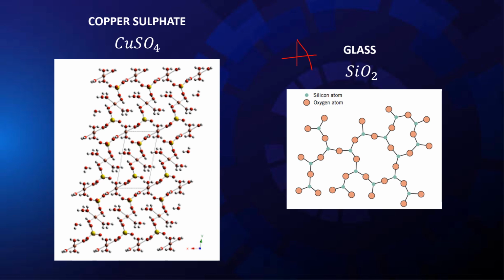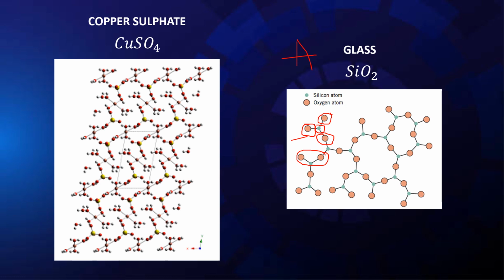As you can see in this structure, this is silicon, and this is an oxygen atom, and this is another oxygen atom. The bonding taking place between these atoms is not regular. You can see one pattern here, but there's another pattern over here, and another over here. It goes very differently.